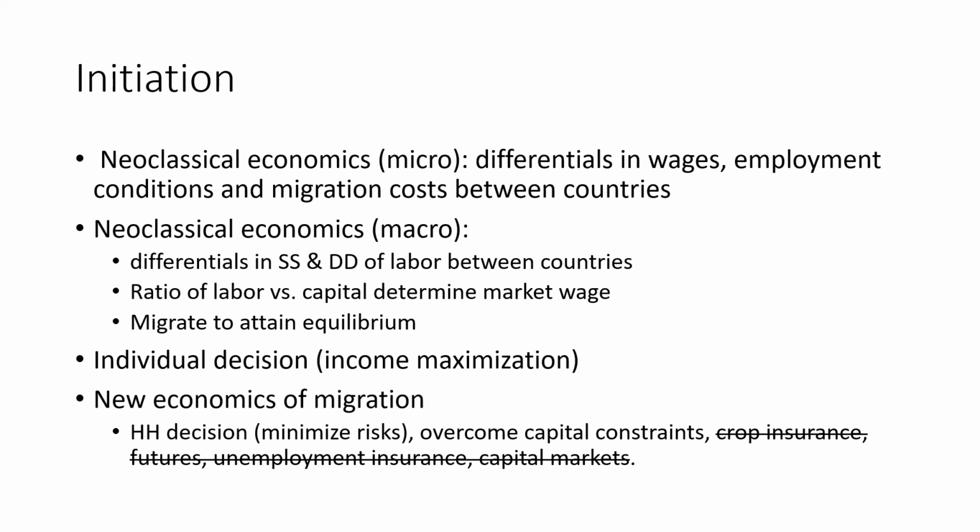And in some less developed or third world countries, there's an absence of crop insurance or future markets, and there's also an absence of unemployment insurance and other capital markets. And sometimes people living in these less developed or third world countries face all kinds of capital constraints.